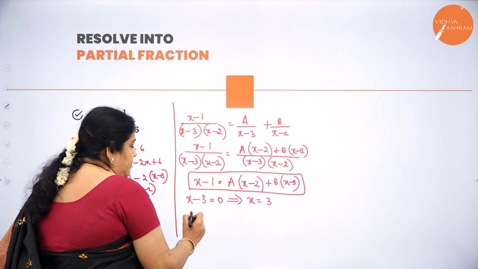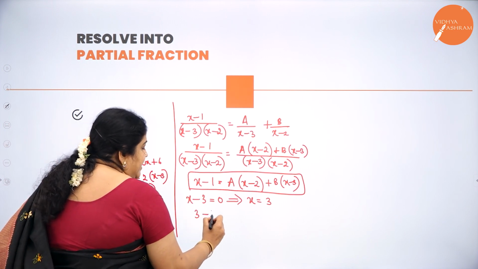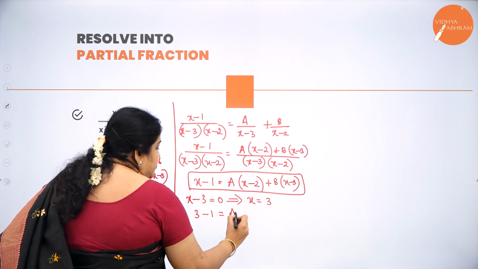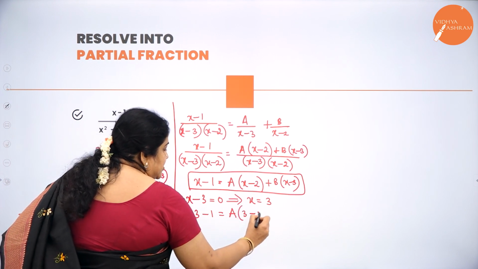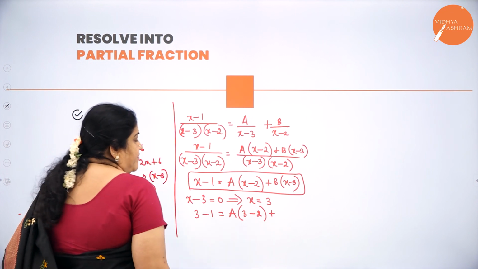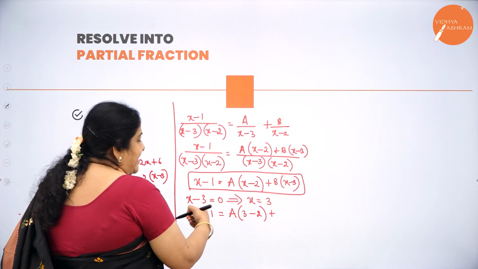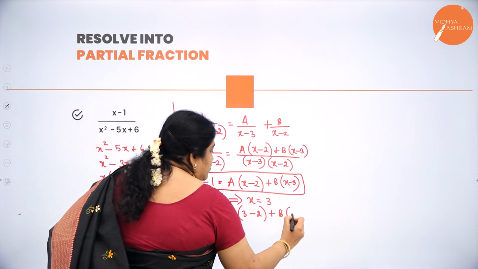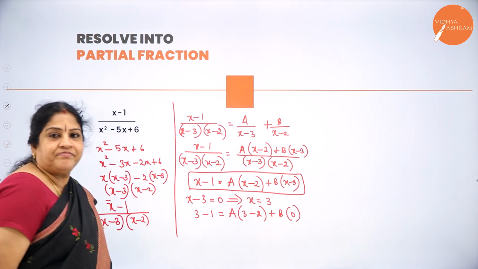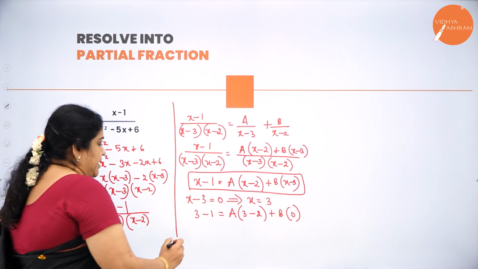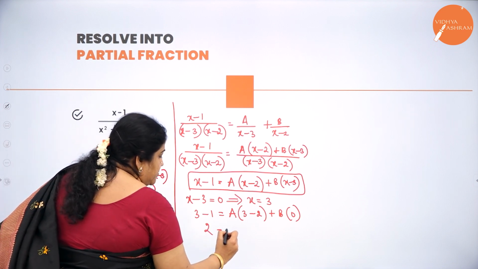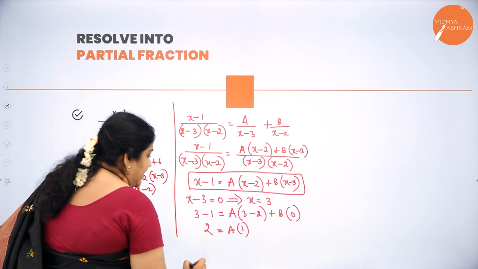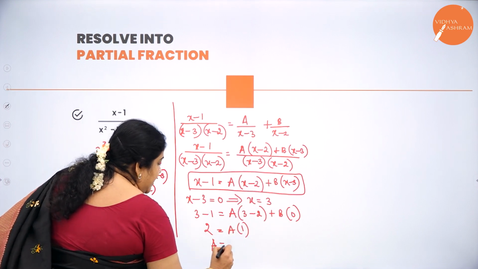So what would that give you? 3 minus 1 is equal to A into 3 minus 2 plus, now we have already taken x minus 3 as 0, so it will become B into 0. So 2 is equal to A into 1. B into 0 is 0. Therefore, A is equal to 2.